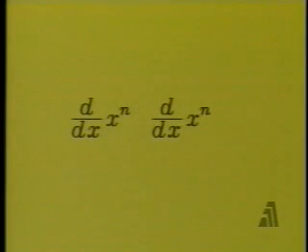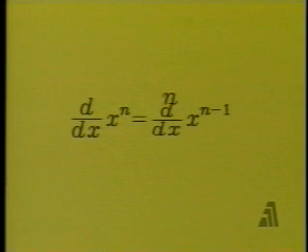The derivative of x to the power n is n times x to the power n minus 1.